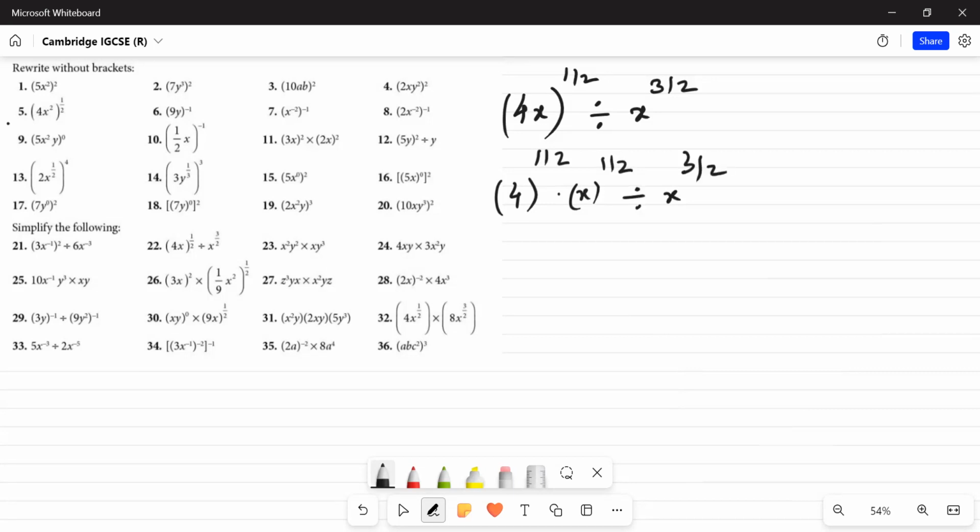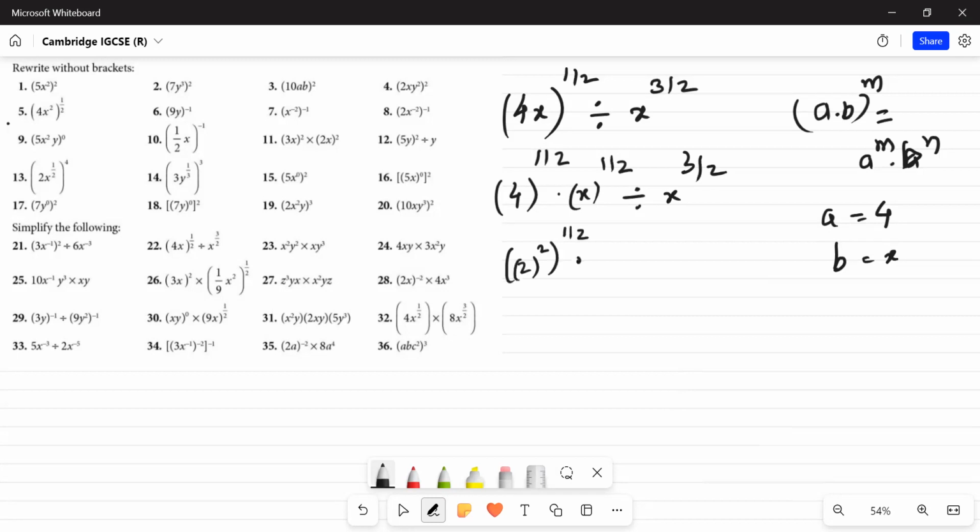What have I done? I have done (a into b) raised to m can be written as a raised to m into b raised to m. So what is a here? Sorry, b. This is b. What is a here? 4. And what is b here? x.